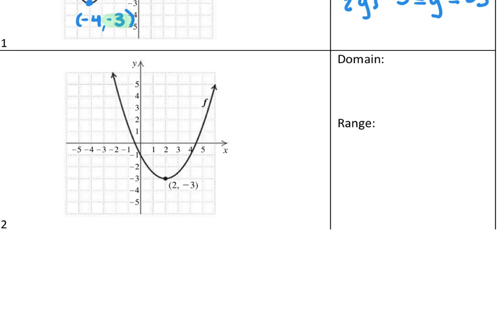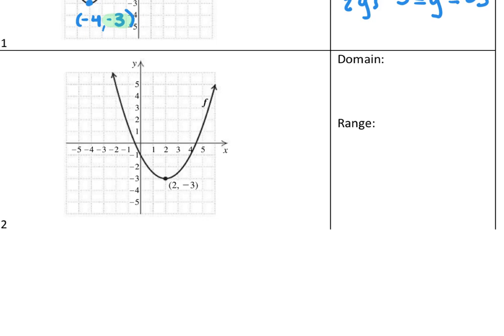One thing to note is, majority of the time, arrows are going to go in two directions. And so you have to think about these arrows in terms of, are we looking at domain or are we looking at range? For this one, we'll start with the domain.